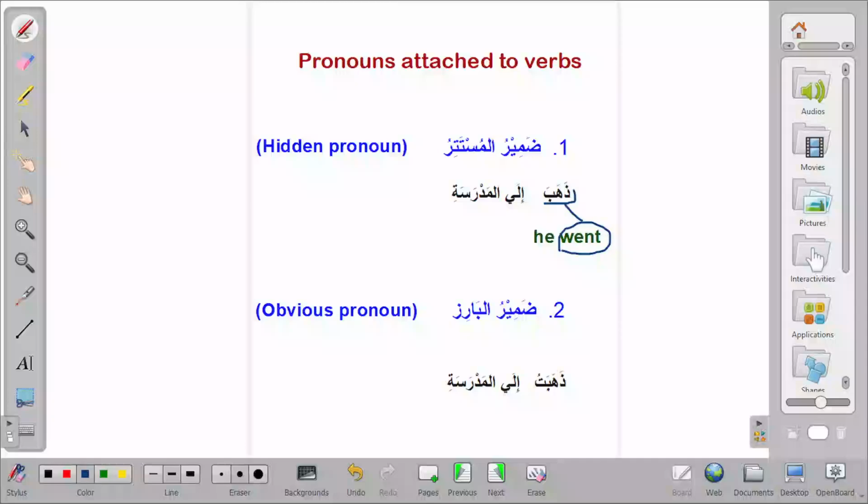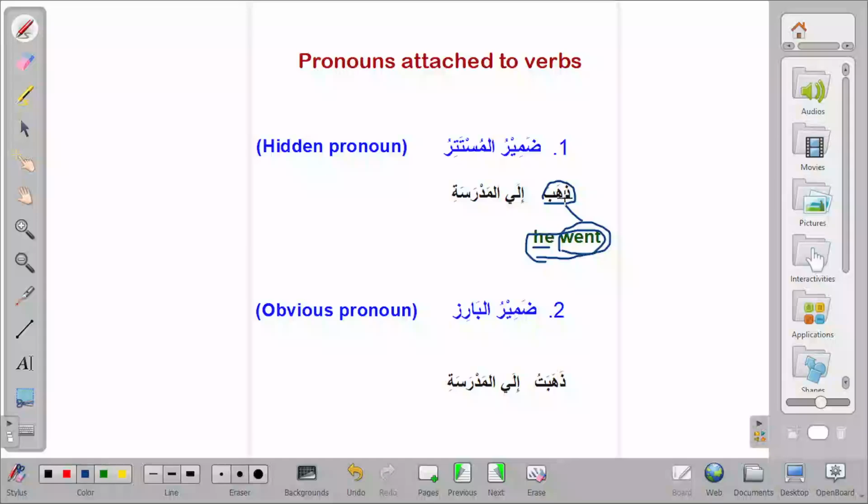I hope that is clear. But what I'm saying is that this he is not here. The verb is understood to mean both of these: he went. But literally, there's no he attached to the verb. There's no huwa zahaba, but we understand it to mean he went.